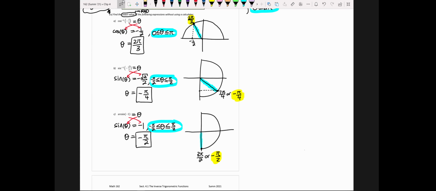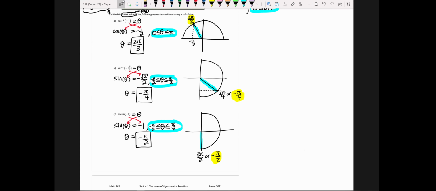For number 1, you're going to try parts B, C, and D in groups. But before we go to the breakout rooms, we're going to do a few more together. Are there any questions on how we evaluate these compositions?